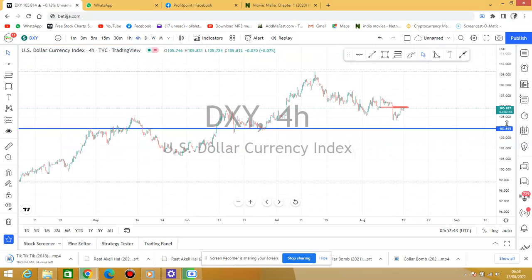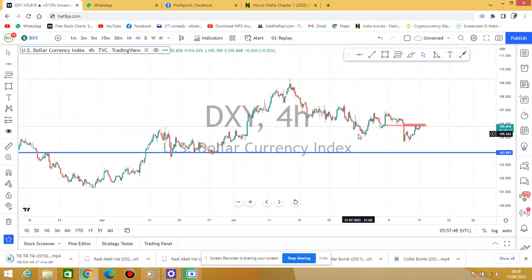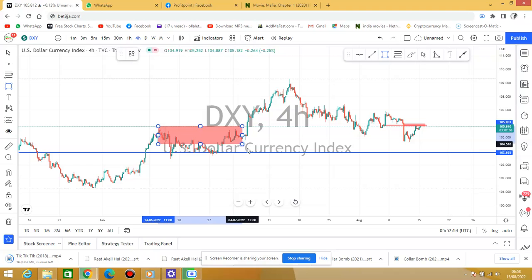This is my conclusion here, very simple. Price ranges within all this one. We expect the price to come down here. They fail to come back, price breaks out again, ranges, then eventually price finally comes back to this level.